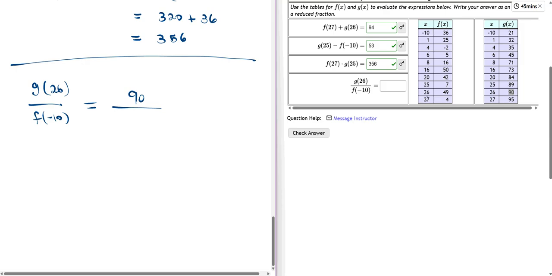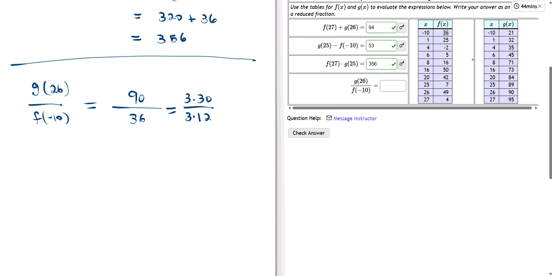Then in the first table where x is negative 10, I find that f of negative 10 is 36. And I think 3 goes into both of these evenly, because 90 divided by 3 is 30, and 36 divided by 3 is 12, so that cancels. Oh, but I think 3 goes in again, actually. Yeah, I probably should have noticed that.